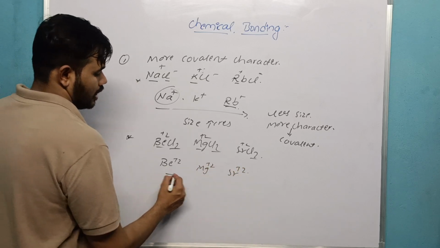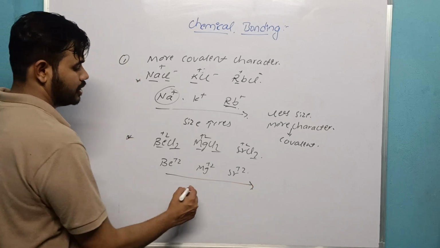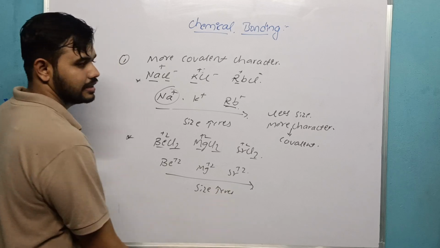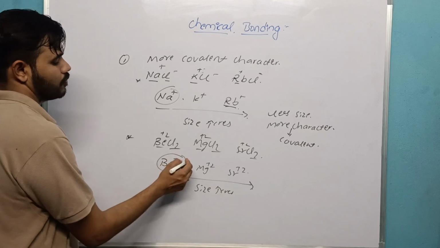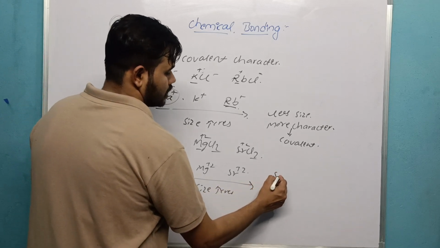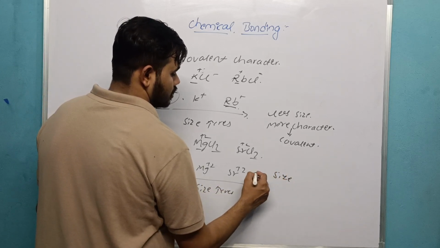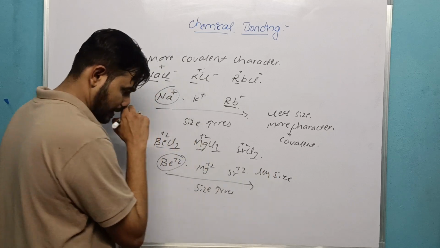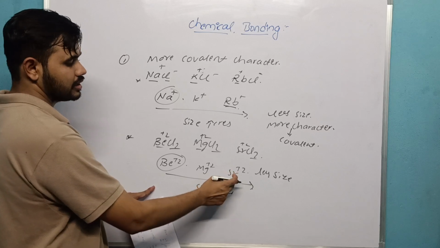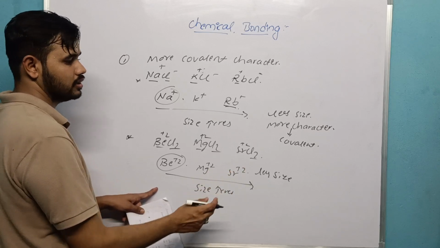As we move down the group in second group elements, size again increases. First element, beryllium, is at the beginning, so it has less size, and strontium Sr2 plus will have more size.